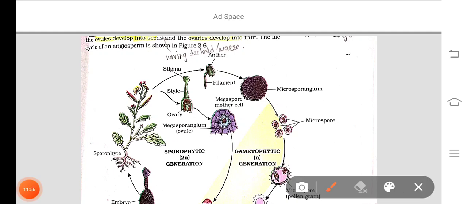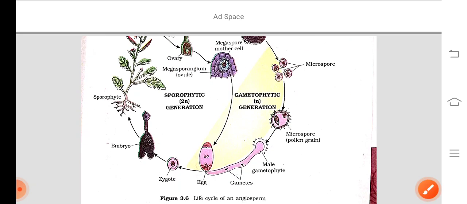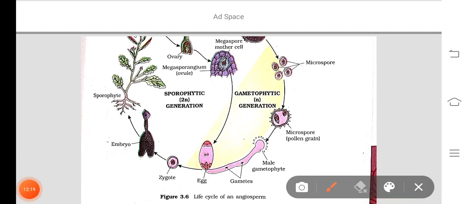Then the sporophyte will have this pistil, and it will also have this, your male sex organ, which is stamen. Stamen is going to form microsporangium, through which microspores will be formed, and this pollen grain will have male gametophytes, and these two gametes.